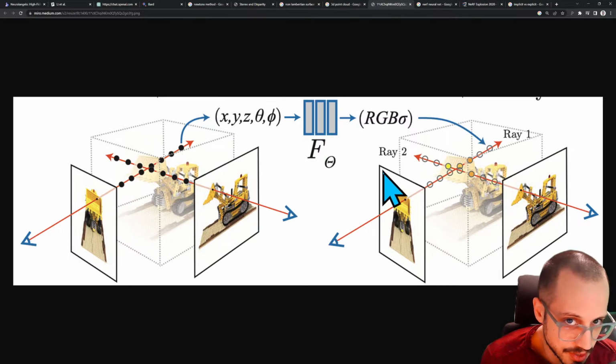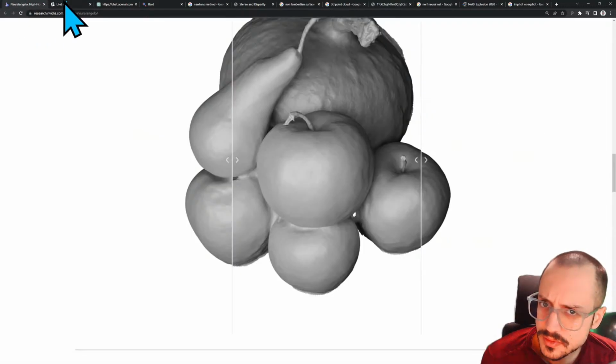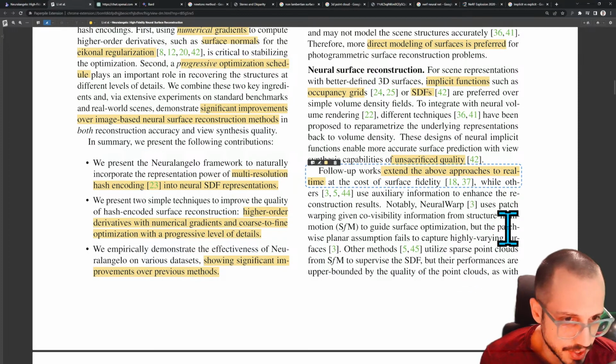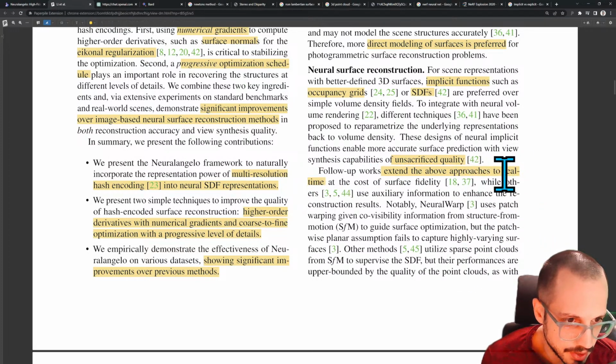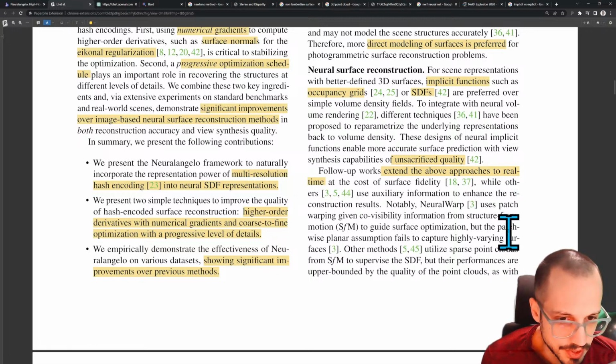And that's just 1 pixel. Now I need to do that for however many pixels I have in this image. So there's this huge problem with NeRFs that they require a huge amount of inference. There have been a lot of approaches that try to solve this, like, how can we make this faster? So real time basically means, can we do this fast?